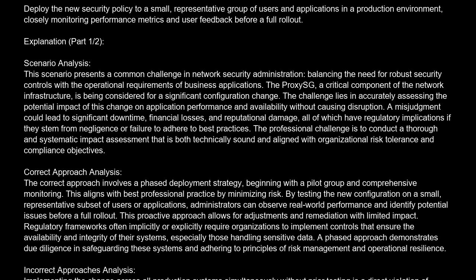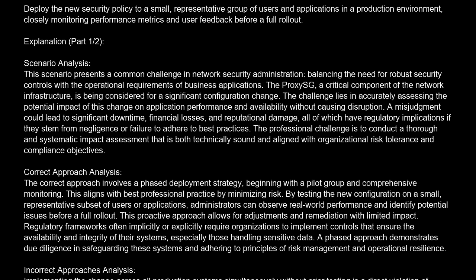Explanation. Scenario analysis. This scenario presents a common challenge in network security administration, balancing the need for robust security controls with the operational requirements of business applications. The ProxySG, a critical component of the network infrastructure, is being considered for a significant configuration change. The challenge lies in accurately assessing the potential impact of this change on application performance and availability without causing disruption.